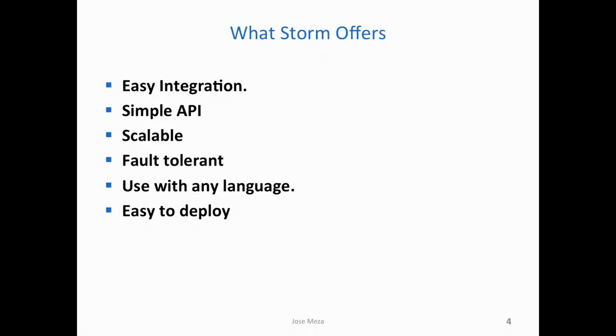Storm is very scalable. It's been tested and it works. It's fault tolerant. If a node fails, it'll come back up. Another one will restart. And you can build the different components with almost any language, and it's very easy to deploy.